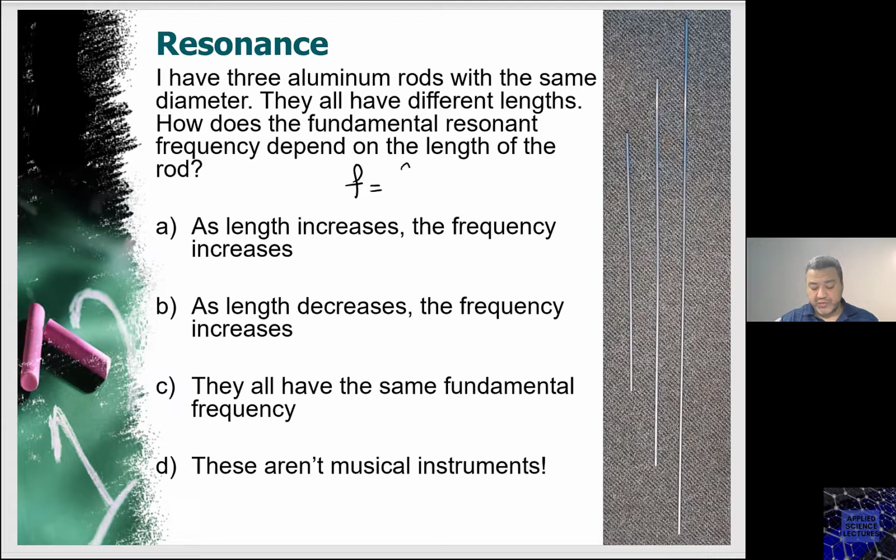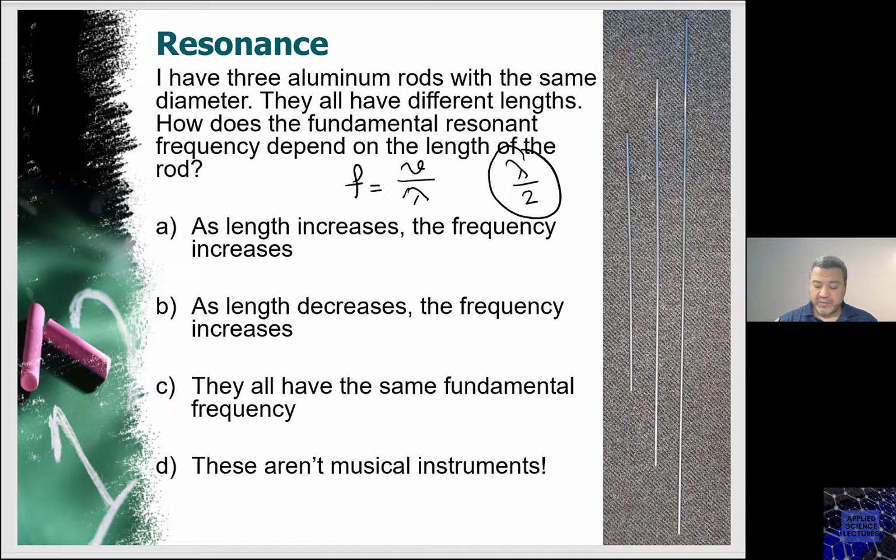equals v over lambda. So in this case, the wavelength is basically related to the length of the rod here. We know that for the same rods, we have the same fundamental. For example, if the rods are open, then our fundamental is the lambda over 2 frequency.